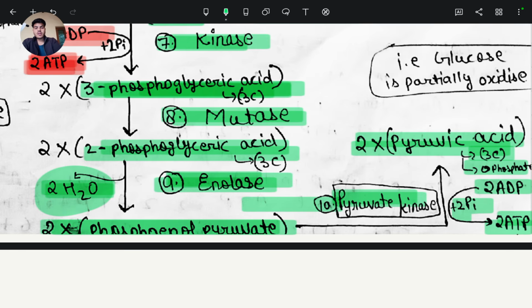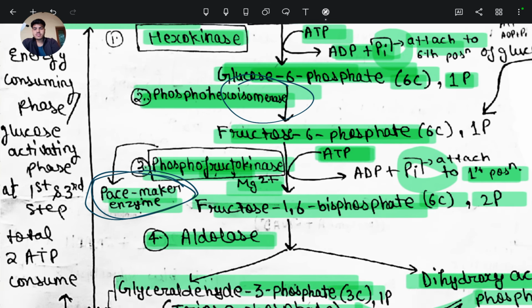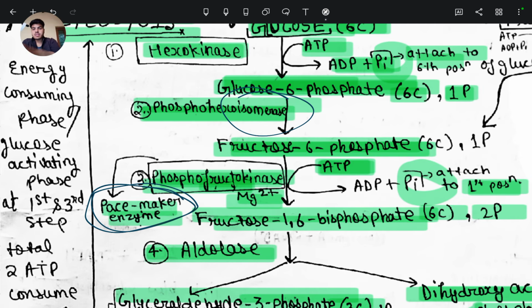So as we see here, glucose is partially oxidized in this reaction, that is glycolysis. Glucose here is partially oxidized to pyruvic acid, and this is the energy consuming phase or glucose activating phase.